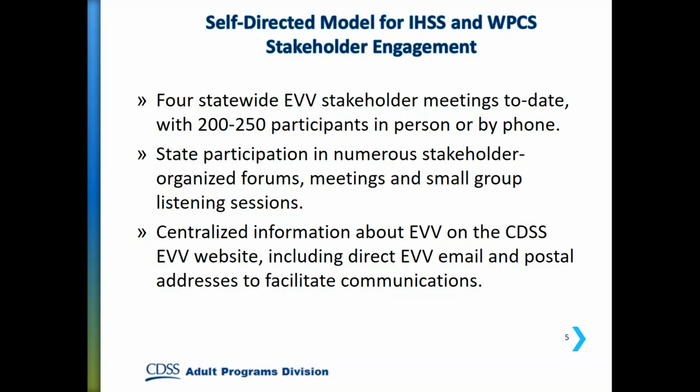Each of those stakeholder meetings included about 200 to 250 people that participated. We've also done some smaller conversations with recipients and providers to hear in smaller groups direct feedback about EVV and what we needed to be considering when we were looking at building our tools to do EVV, the systems.